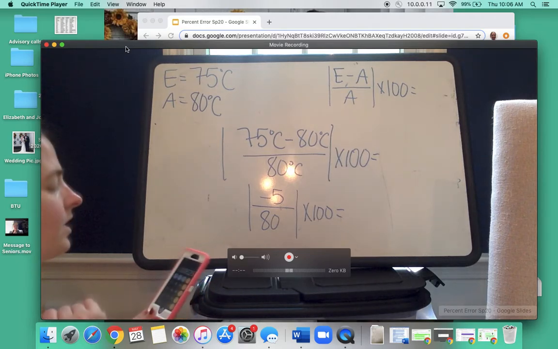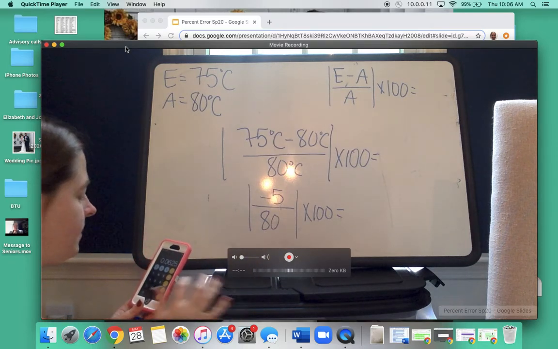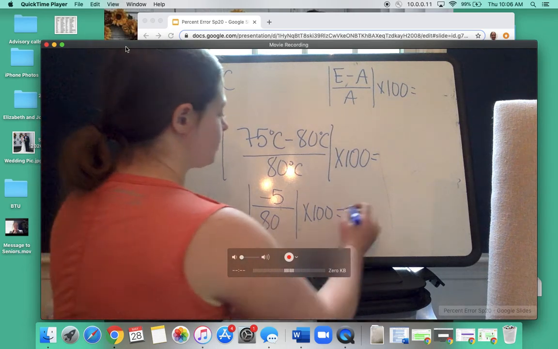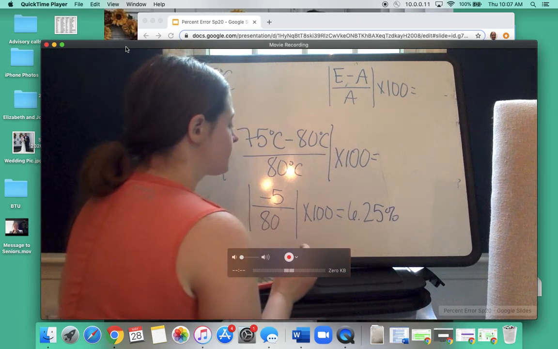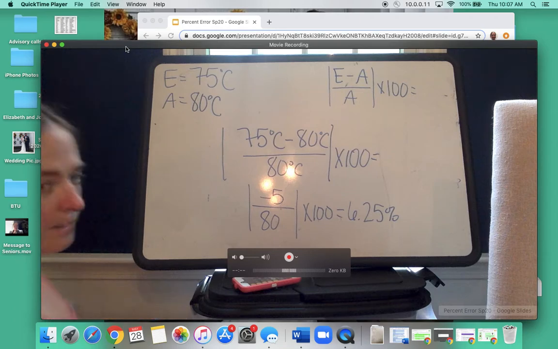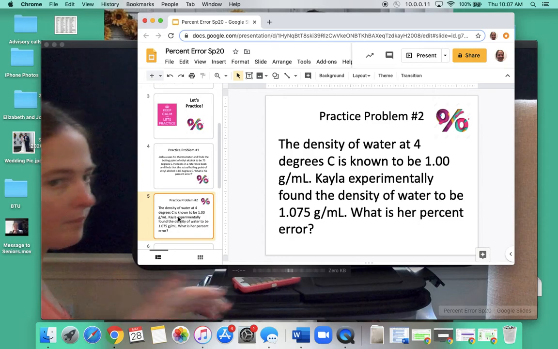And then we know that it was a negative number, so since it's in absolute value, we get positive. Then since we want a percent, we're going to multiply times 100, and you should get 6.25%. Now this is a very good percent error since the number is very low. The lower the number, the better. All right, let's look at practice problem number 2.